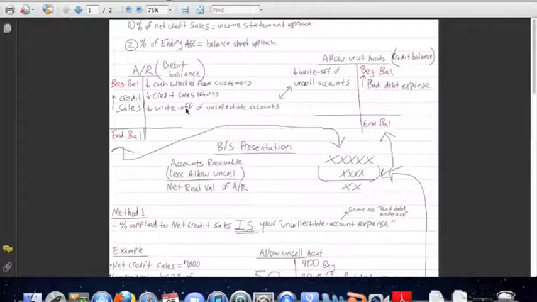The next one is the write-off of uncollectible accounts. Basically, this means that you know somebody's not going to pay. So Joe has just declared bankruptcy, and now you know he's not going to pay you, so you're going to write it off.